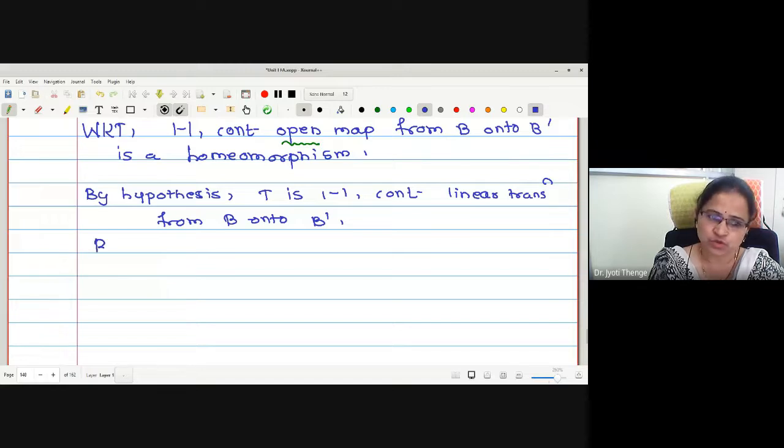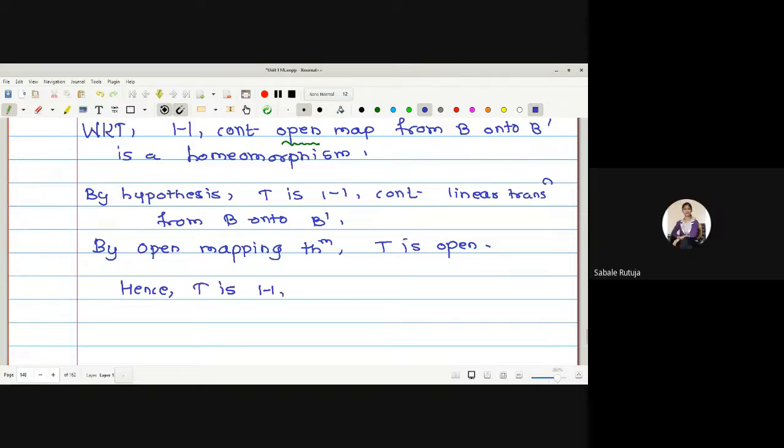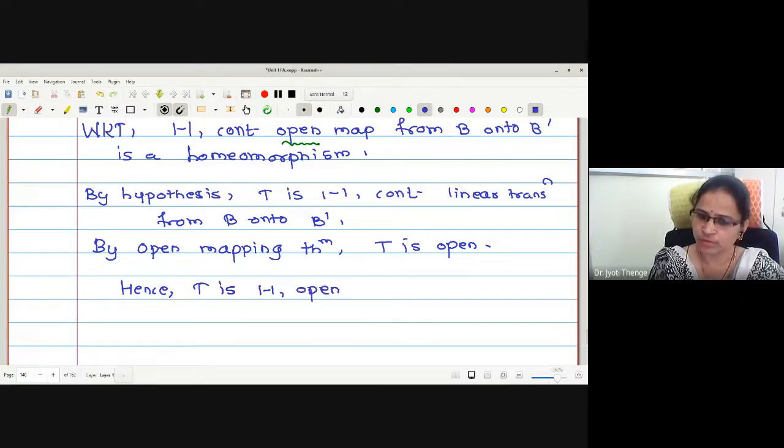But let me just use the open mapping theorem. What does the open mapping theorem tell? By the open mapping theorem, T is an open mapping. T is open. Hence what do we have? T is a homeomorphism: 1-1, open, continuous linear transformation from B onto B dash.